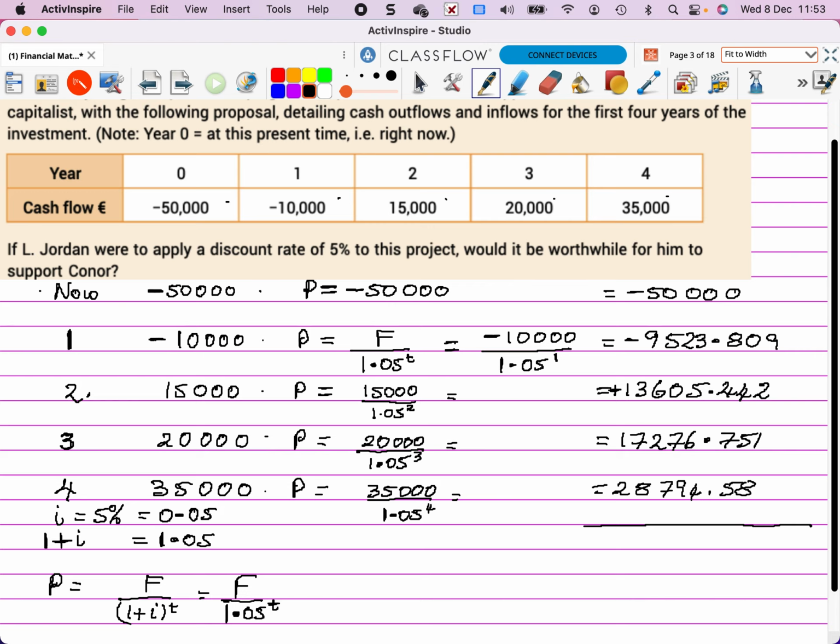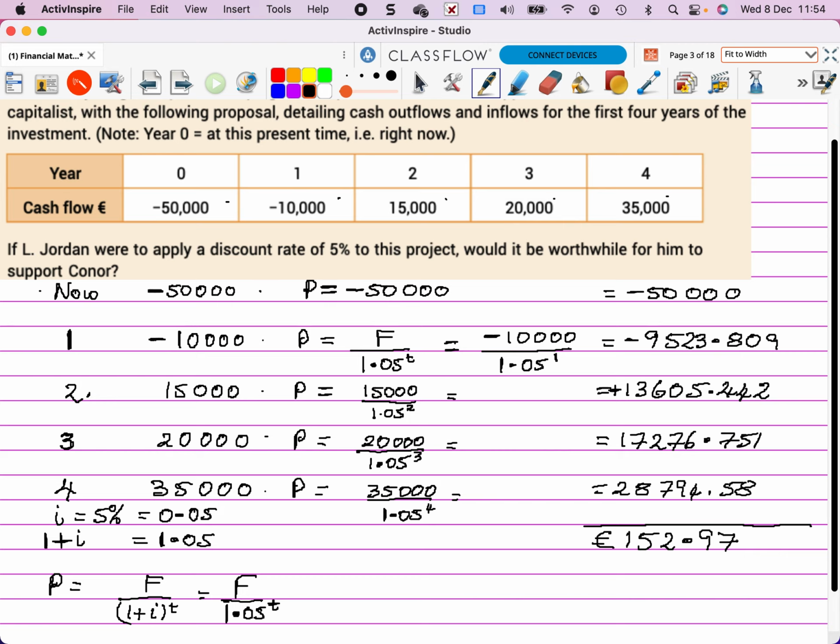By all means, pause the video. What you get coming out at the other end to 2 decimal places is 152.97. Now on the maths course, because that's above 0, it's considered to be a good investment.